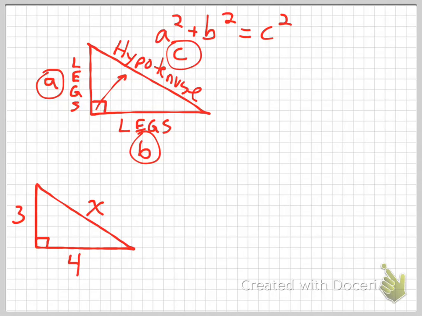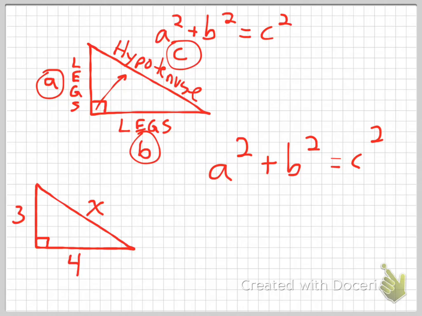Watch. A squared plus B squared equals C squared. Which one is A? It's either 3 or 4. Pick one. 3.